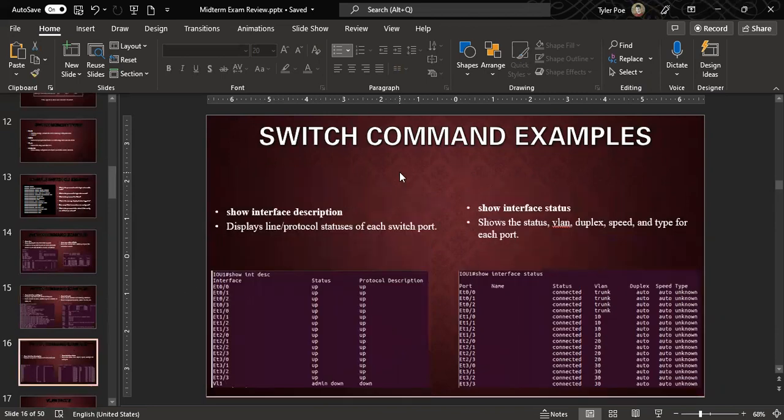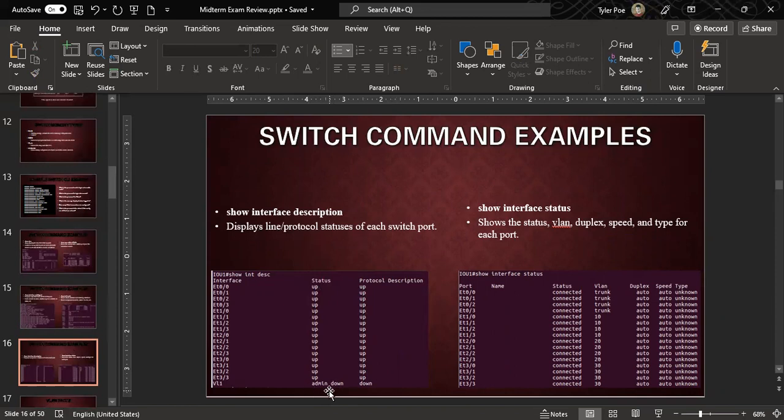So here are some more commands. Show interface description and then show interface status. They're very similar to one another, but they each have their own purpose. Show interface description is the command you want to type in when you need to find the line protocol statuses of each switch port. So you have your line status and your protocol status.